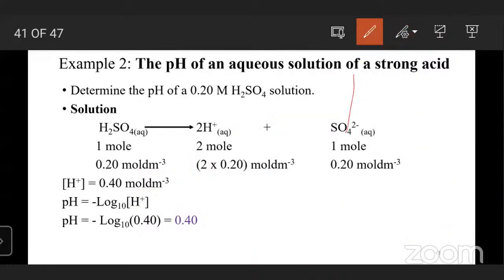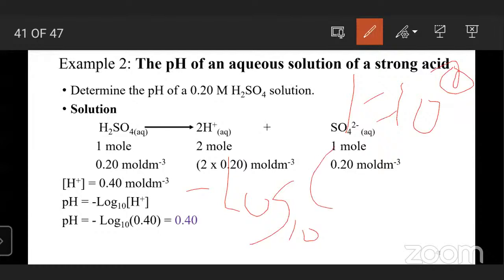1 can be rewritten as 10 raised to the power 0, right? 10 raised to the power 0 is the same thing as 1. So instead of saying minus log 1, you could as well have said minus log of 10 raised to the power 0.